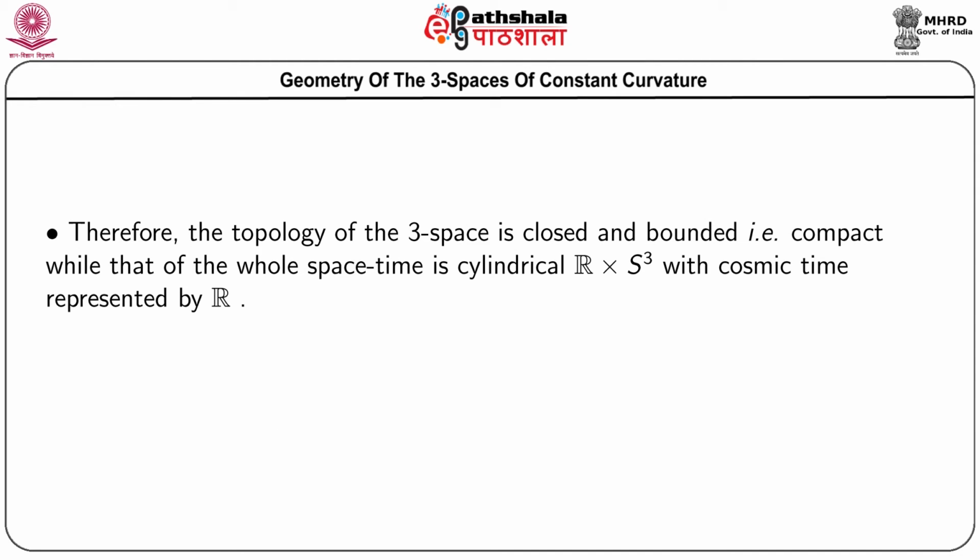Therefore, the topology of the 3 space is closed and bounded, that is compact, while that of the whole spacetime is cylindrical, as it is like R cross S³ with cosmic time represented by R. So, the whole spacetime is cylindrical.